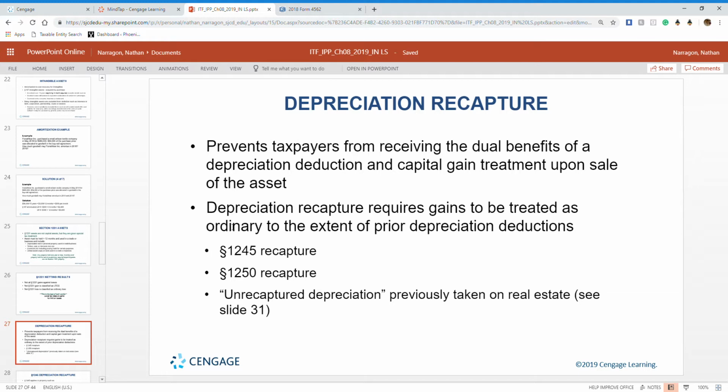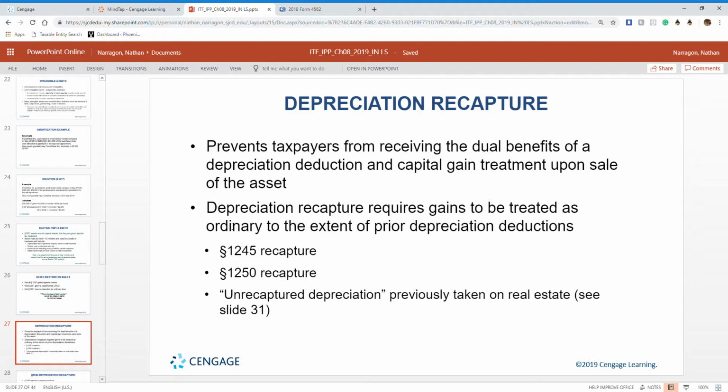Well, there's also something that actually happens. If you bonus depreciate or take Section 179 and you sell the asset before its life is done, there's something known as depreciation recapture. This basically prevents taxpayers from receiving the dual benefits of a depreciation deduction and capital gain treatment upon sale of the asset.